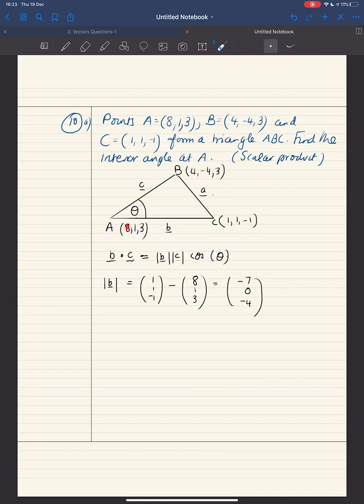So to go from A to C, the x's have to go down 7, the y's have to stay the same, and the z's have to go down 4, 3 to minus 1. So the size of B is the square root of minus 7 squared plus minus 4 squared, square root of 49 plus 16. So it's root 65.